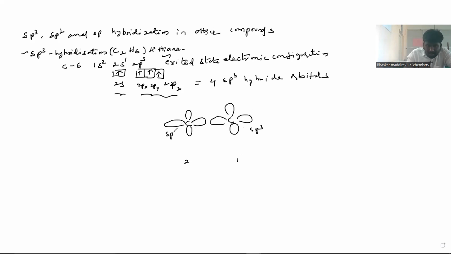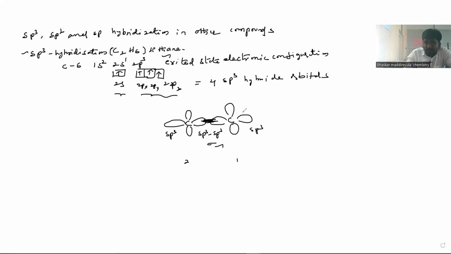From carbon 1, out of 4 sp3 hybrid orbitals, one will overlap head on with the sp3 hybrid orbital of the other carbon and give an sp3 sigma bond. Out of 4 from each carbon, one sp3 hybrid orbital overlaps with the other carbon's sp3 hybrid orbital to give one sigma bond.